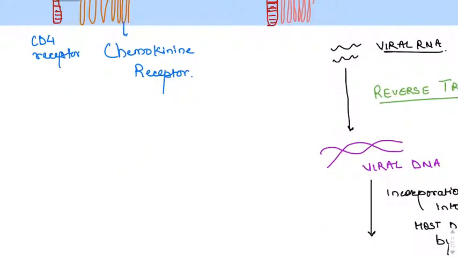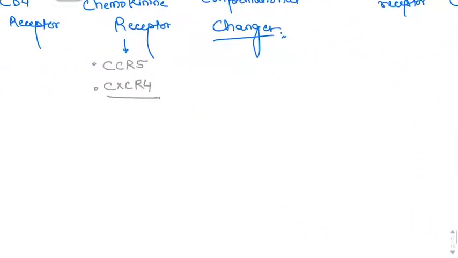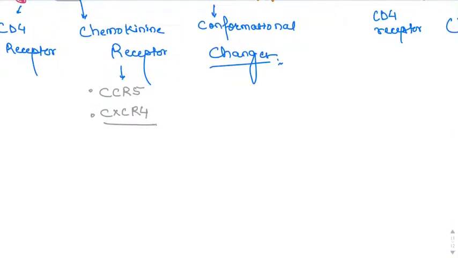Now the second drug is the one which leads to inhibition of the CCR5 receptors, and this is known as Maraviroc.